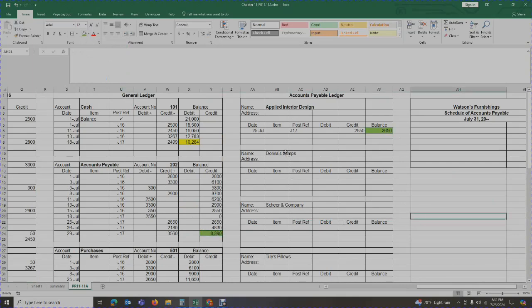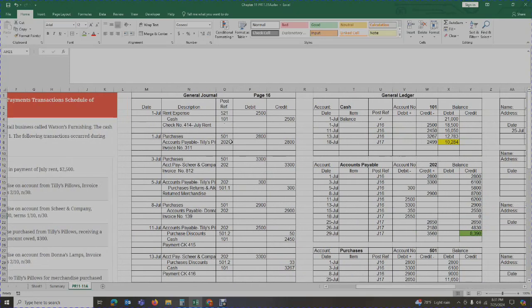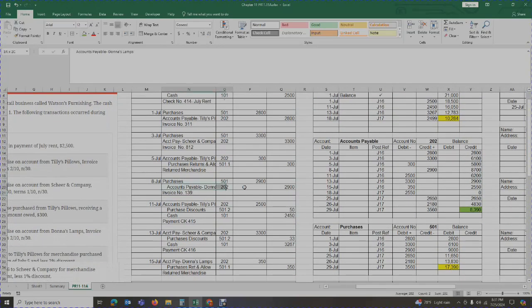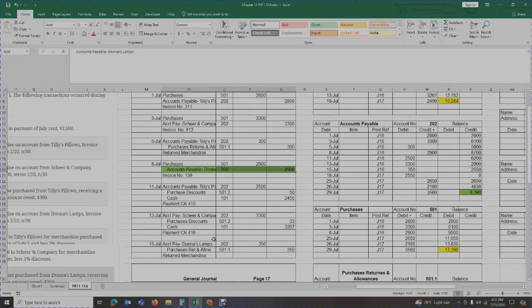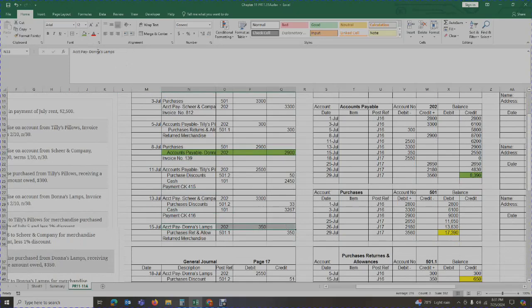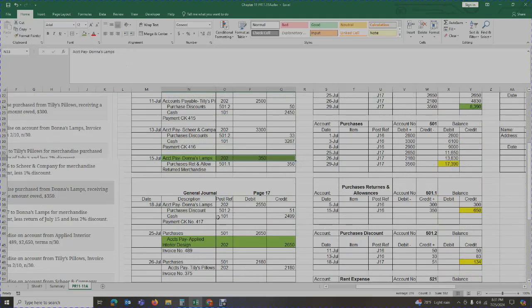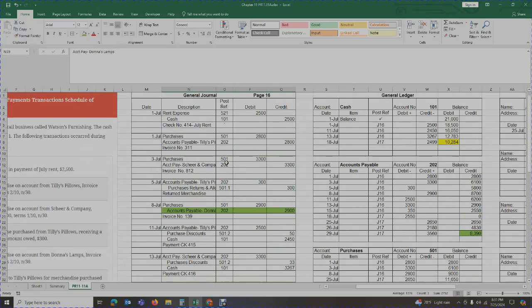Now we're going to do the same thing and look for Donna's Lamps. We're going to go back to the journal and locate Donna's Lamps. Here we have one, and then we have Donna's Lamps down here, and right here. Maybe I should highlight them a different color so we can tell the different vendors.